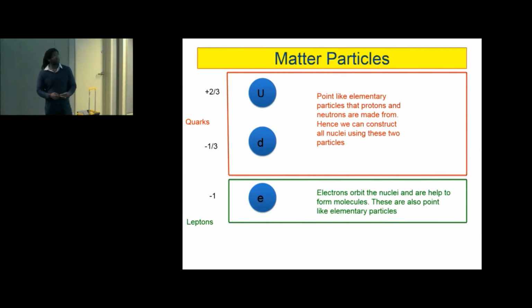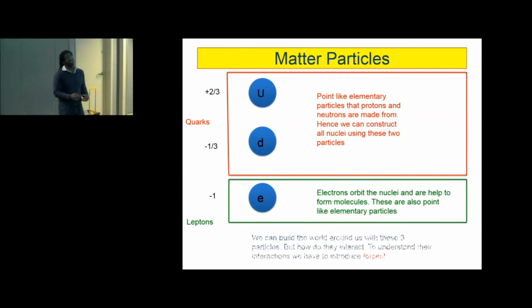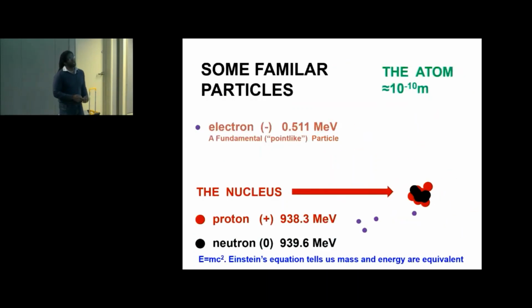It's not composite. So let's look at some familiar particles. You all know about atoms, and you construct atoms together to build molecules. You've got the periodic table, and with that you can construct all kinds of materials. So we've got the electron, which orbits around the nucleus, and your nucleus is a construction of protons and neutrons.